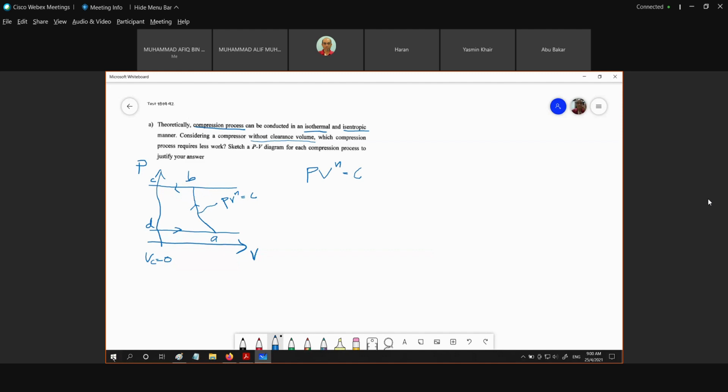What do we have to do to this equation in order to get P equal to constant? N equal to 0, sir. Yes, N equal to 0, then this will become P equal to constant.